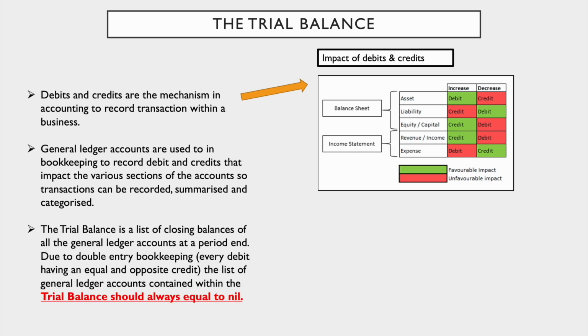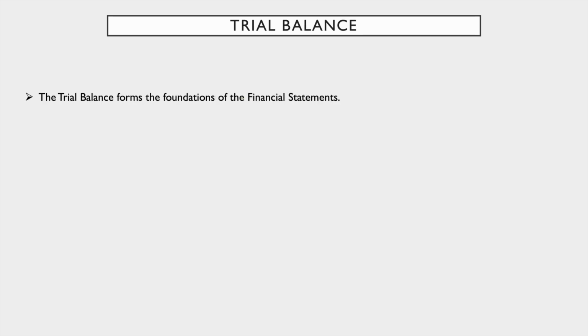The trial balance then is a list of closing balances of all the general ledger accounts at a period end. Due to double entry bookkeeping, in that every debit has an equal and opposite credit, the list of the general ledger accounts should always sum to nil. So I just want to show you an example of that.